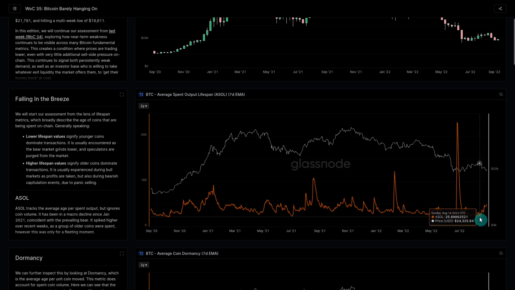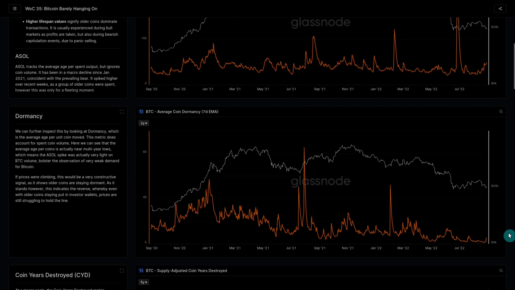So this is telling us that we saw a lot more older coins on the move during this sell-off. It's not extreme. It's not really the most exciting spike, but it did tick a little bit higher. So there's our first piece of evidence. Some of those older coins were on the spend, and maybe that means there's a loss of conviction. It's kind of our first take, but then we have to dive in just a little bit further to confirm that. So this is where we go to dormancy.